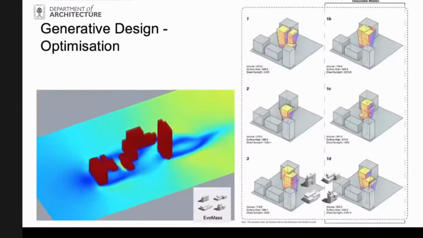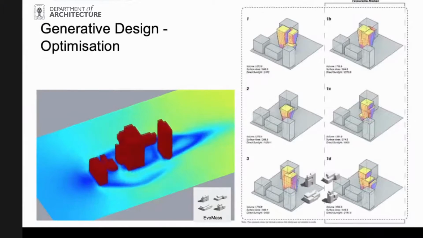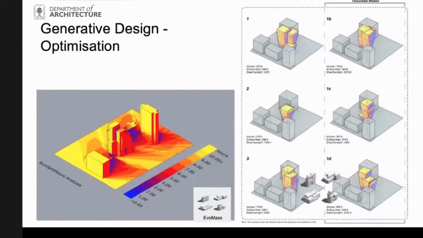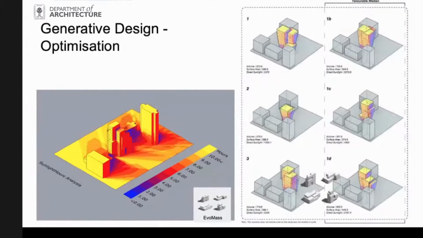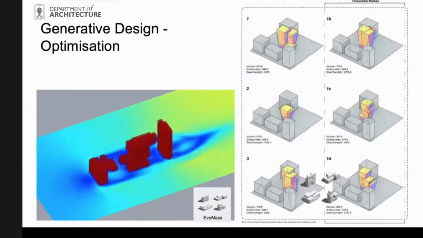The next one, we can also use the generative design. If you have, for example, like the previous sample using 4 or 6 alternatives, but if you want to have more than one iteration, we can utilize the generative design to optimize any building performance that you want.